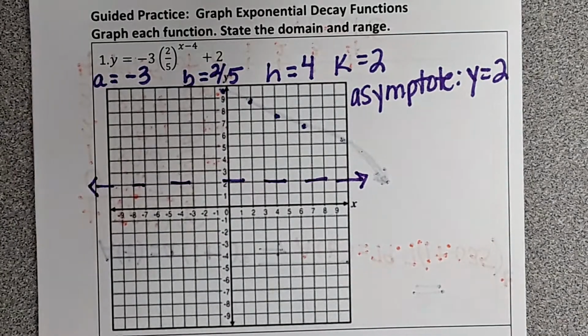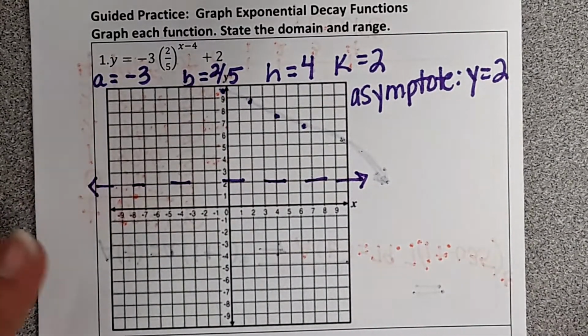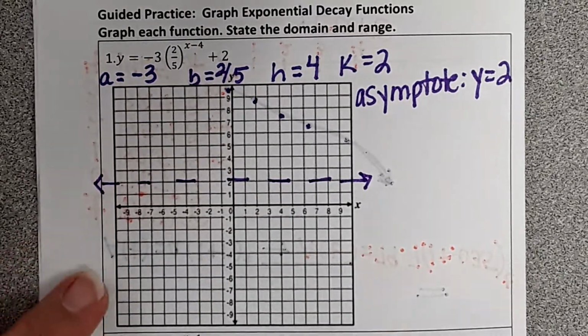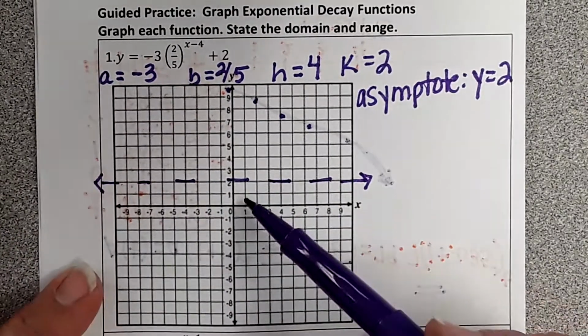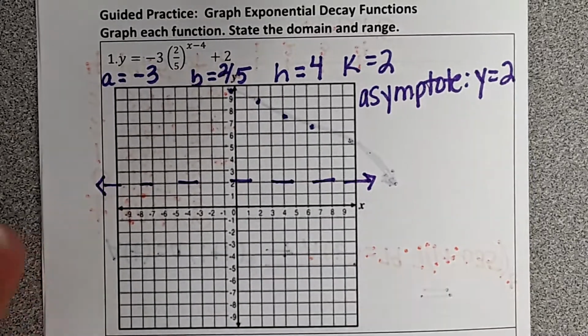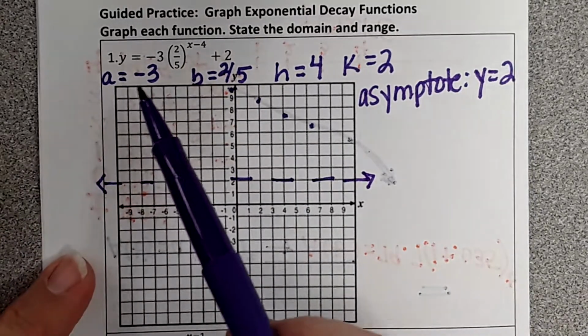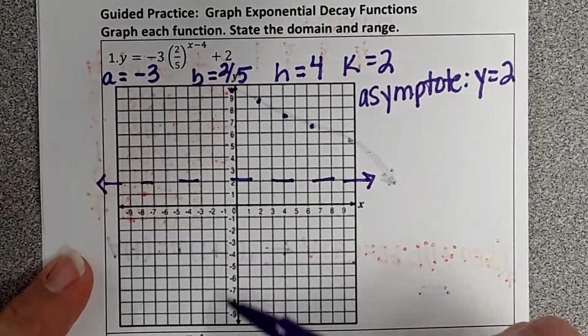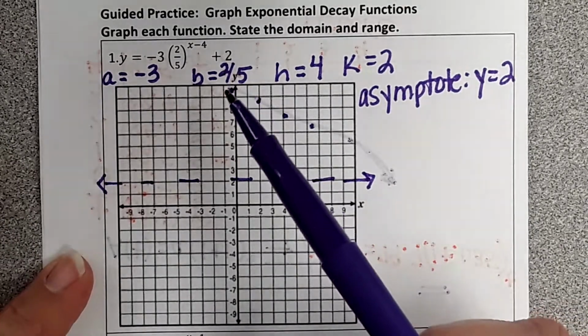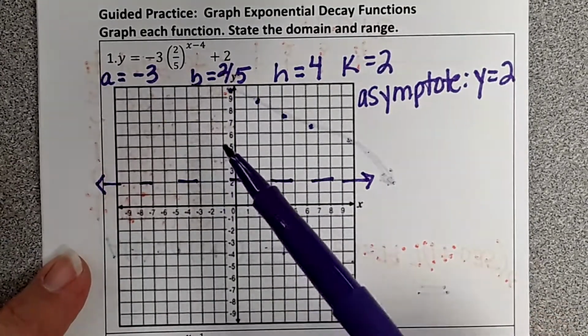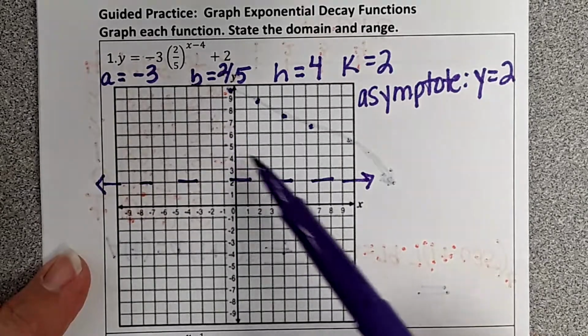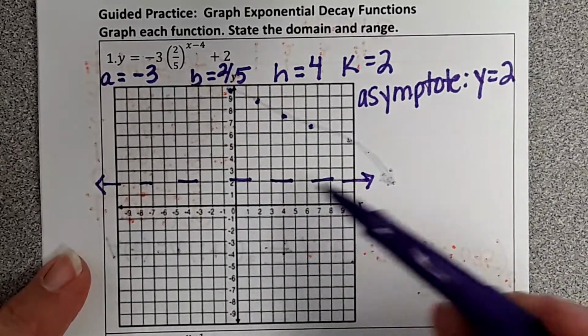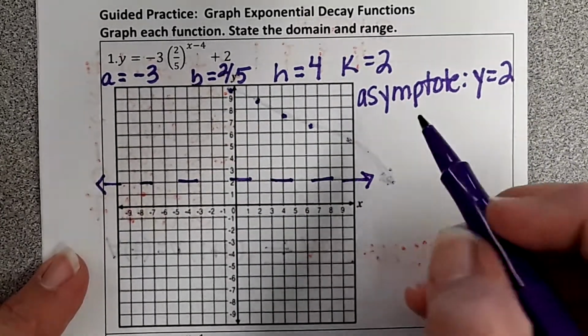That means that our graph, our exponential function, is approaching 2. Because A is negative, it means it's going to be below it. Okay, so let me say that again. Because A is negative, our function is going to be below it. If A was positive, our function would be above it. But right now, our function is below it.